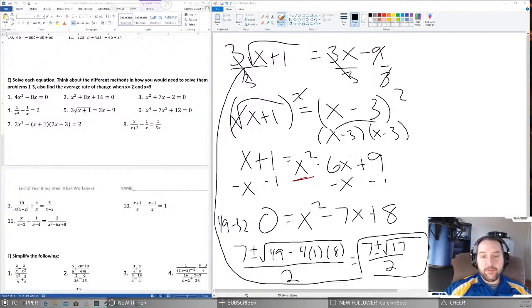So yeah, both of those don't work. Only one of them works. So it seems like the 7 plus square root of 17 over 2, that one works, but the 7 minus square root of 17 over 2, that one won't work.